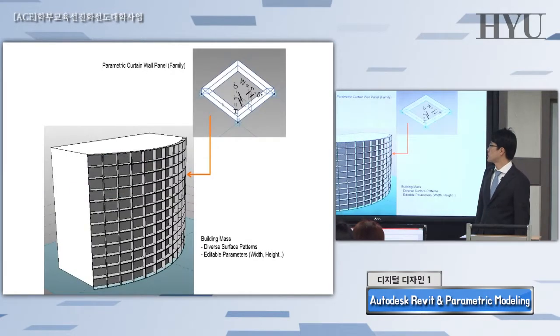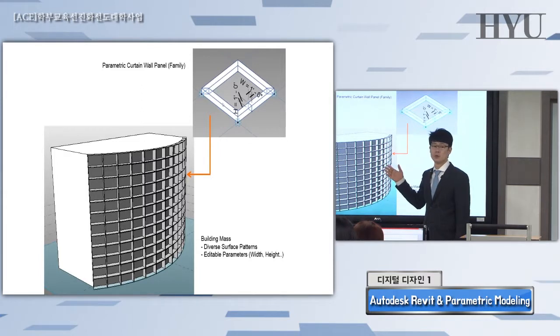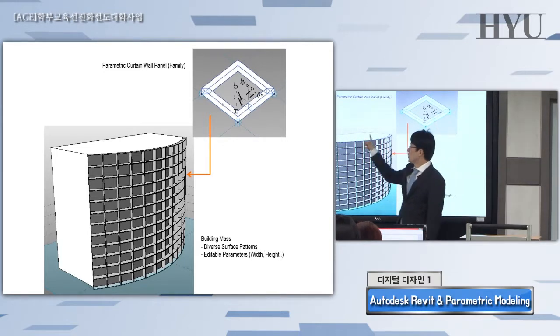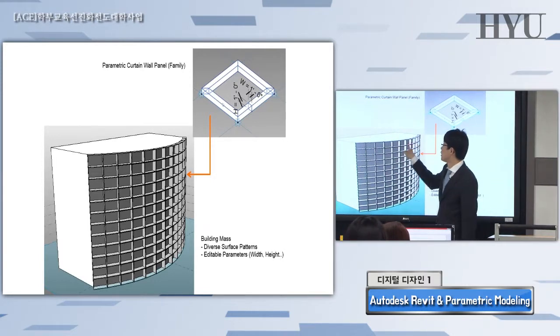So I would like to show you some easy cases first. This is Autodesk Vasari. Actually, you can do it in a similar way even in Autodesk Revit. But this is Vasari, which looks almost the same as Revit. Okay, here is a simply generated building shape, with a rounded surface on the front side.